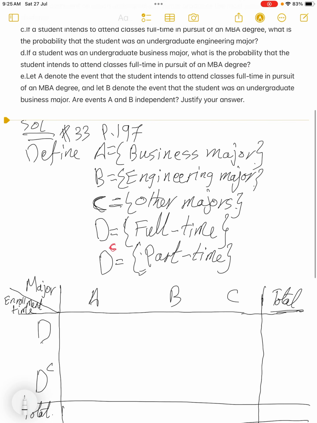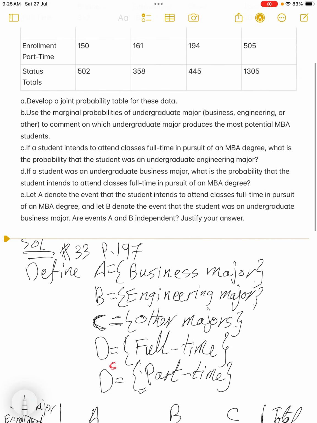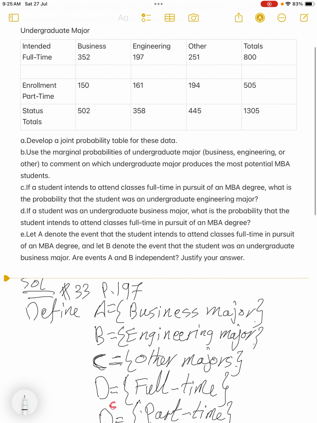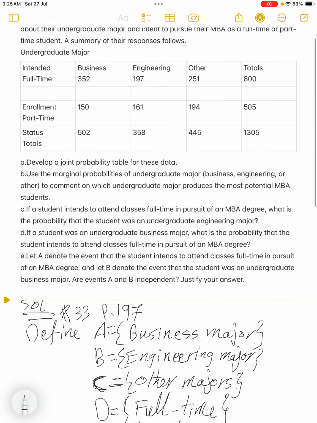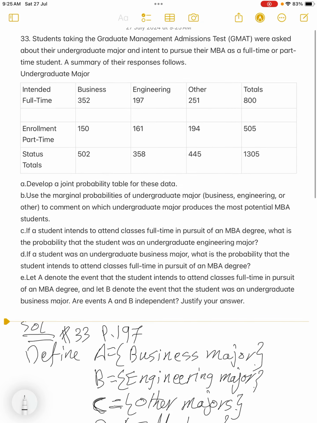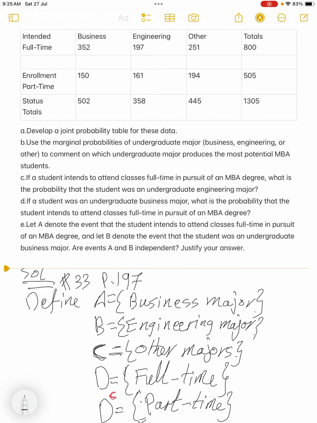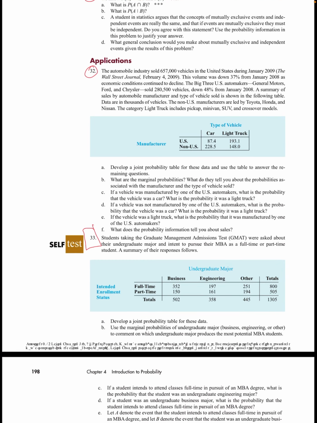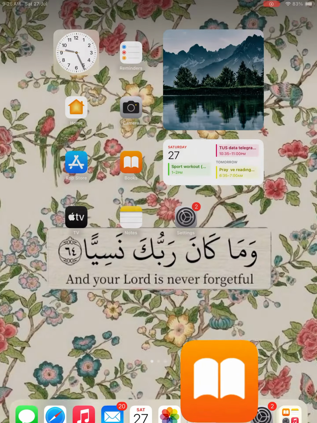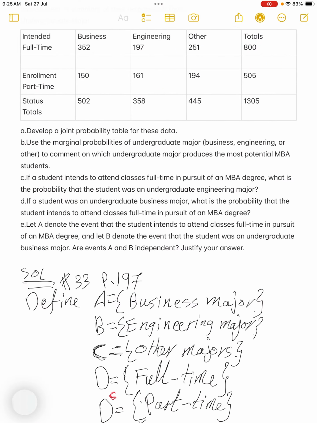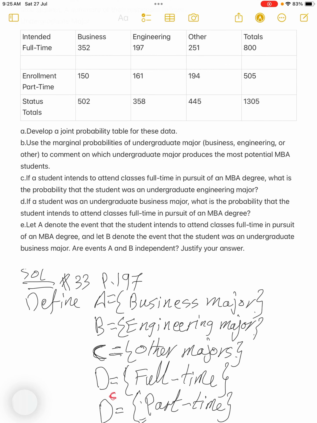Here, in order to calculate the probabilities, wait a minute. No, I have here total 1,305. Here, these are totals.